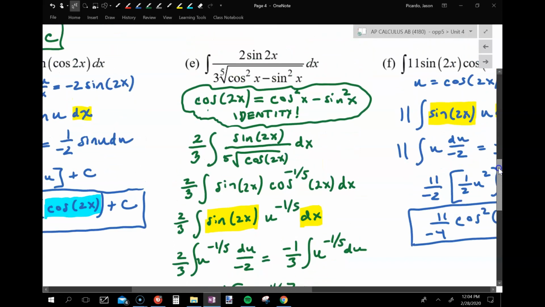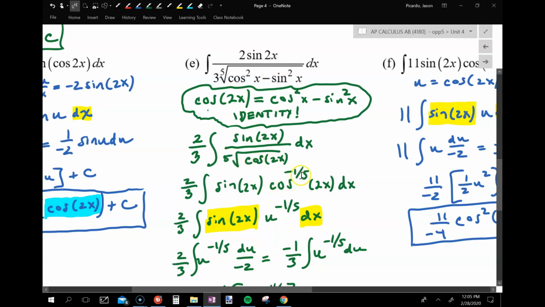All right, so what did I do in the first step? I replaced this with this, so that was the identity. That's where this came from. And then I took the 2/3 out in front because those are constant multipliers. So I have 2/3 of sine of 2x over the fifth root of cosine of 2x.